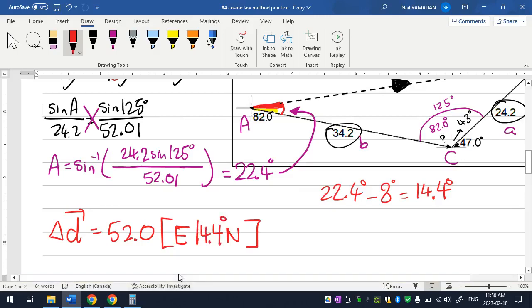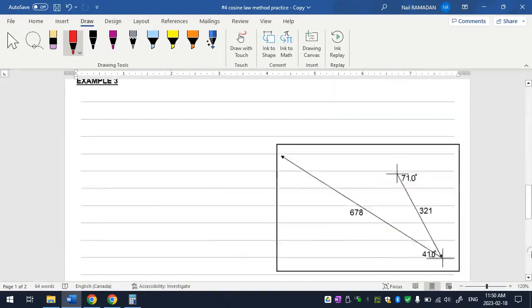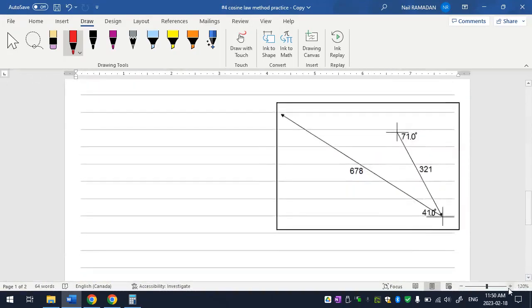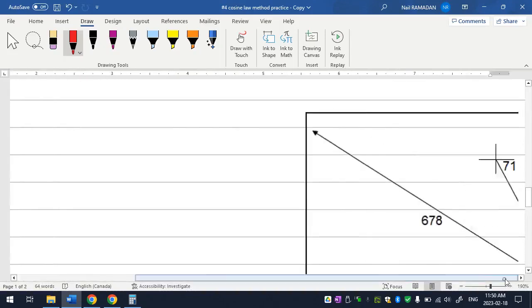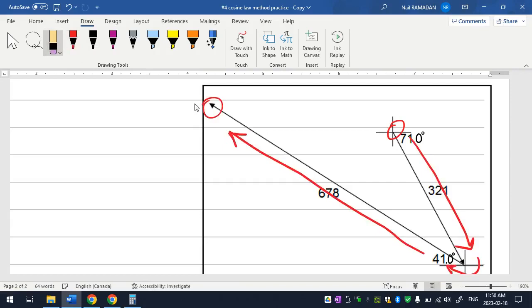Okay, now let's go to the second page. Okay, we need to connect the start to the end, because we went this way and then we turned and then went this way. So we need to connect these 2 points right here.